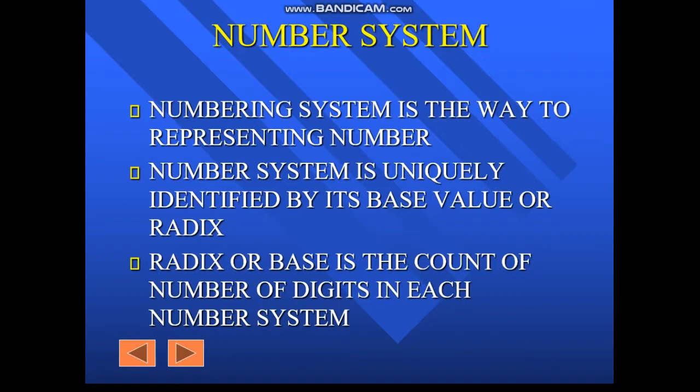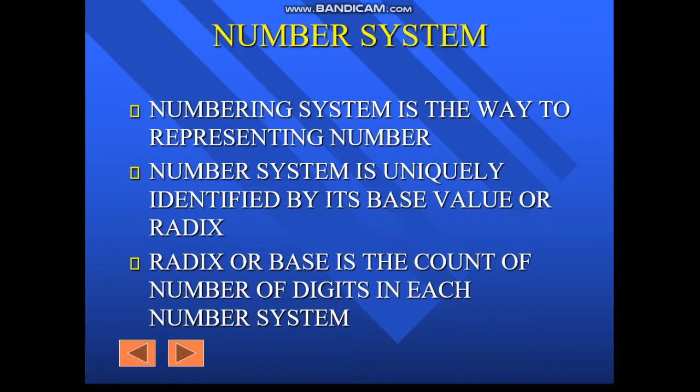And that radix is defined as the count of the number of digits in each number system. So a number system is basically a way of representing numbers, and at the same time it is uniquely identified by its base value or radix.